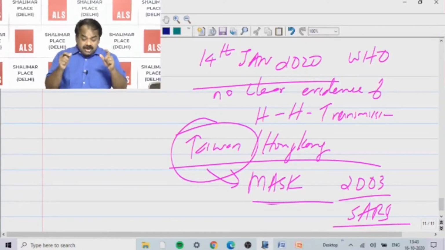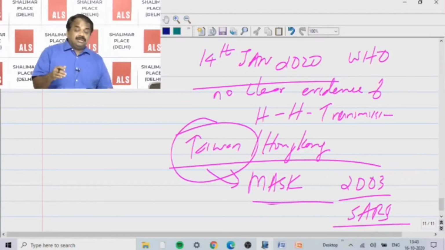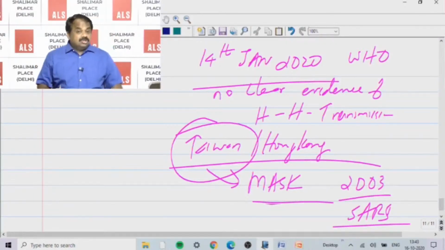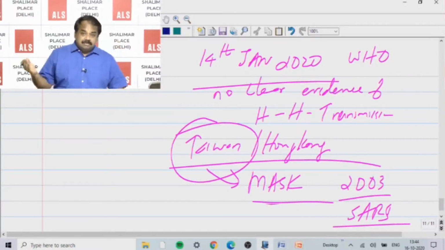So this is where WHO has failed to an extent, because even when China was saying that everything is normal, it is not human-to-human transmission, WHO could have demanded access to Wuhan to find out what is going on, or access to that whistleblower doctor who died subsequently, when he was in jail.